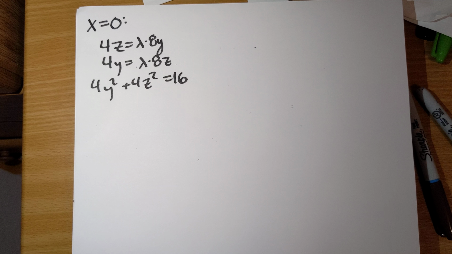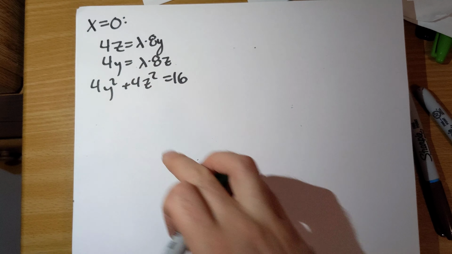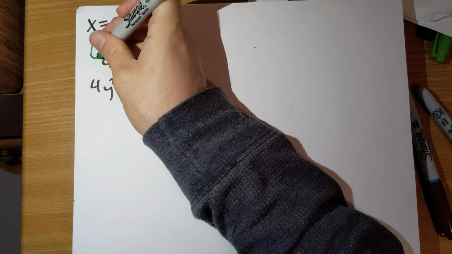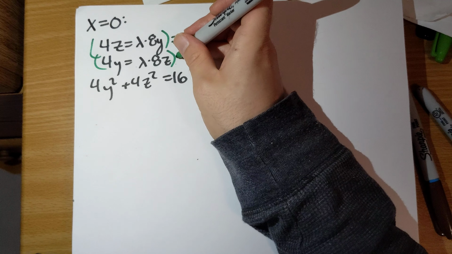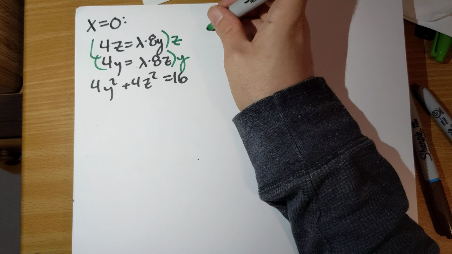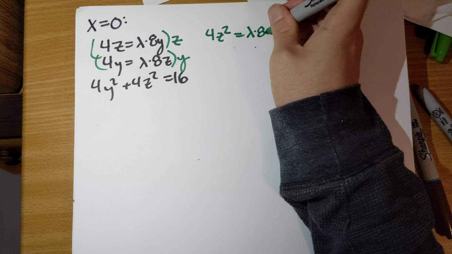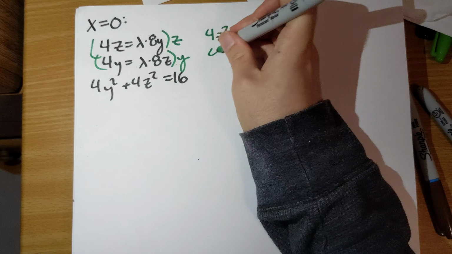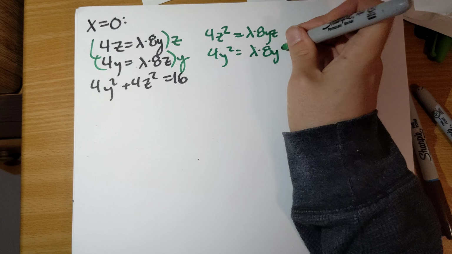Okay, so dealing with this, let's make the right sides equal to each other. I'm going to multiply the first equation by z and the second equation by y. The first equation becomes 4z squared is equal to lambda times 8yz, and then 4y squared is equal to lambda times 8yz.